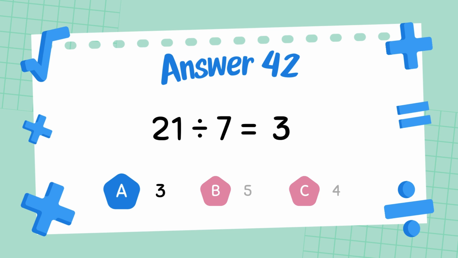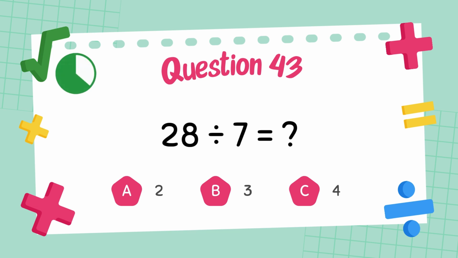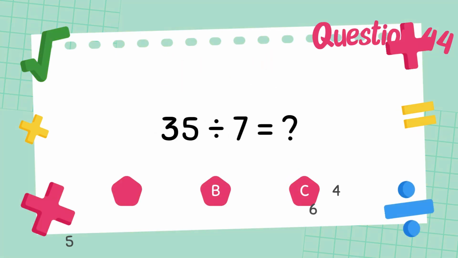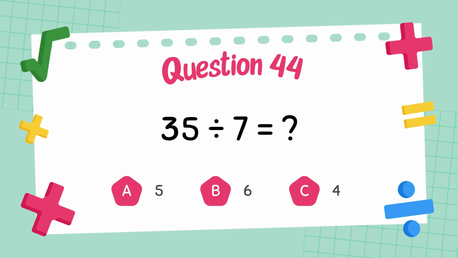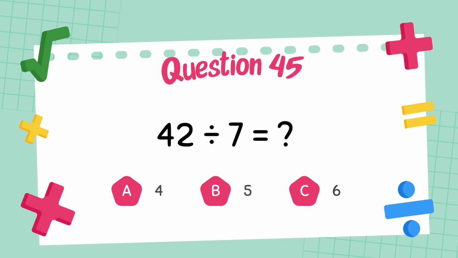The answer is 3. What is 28 divided by 7? The answer is 4. What is 35 divided by 7? The answer is 5. What is 42 divided by 7?